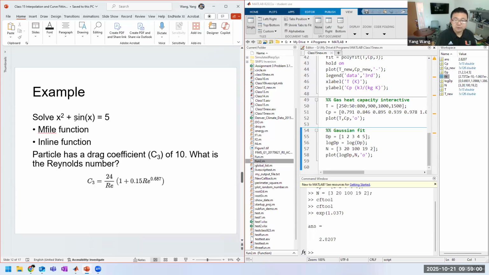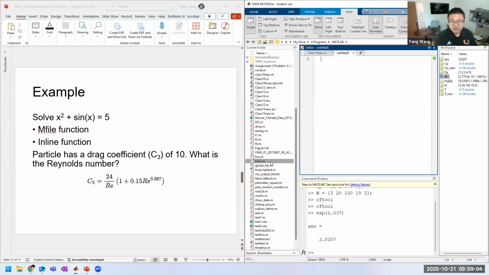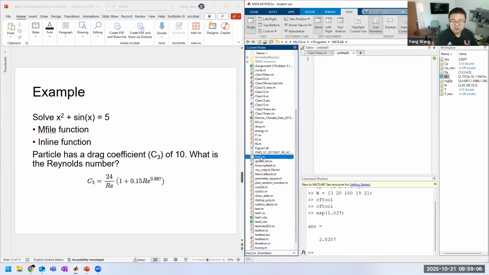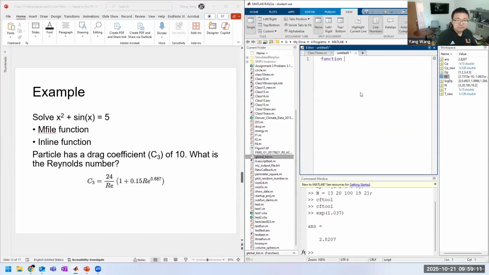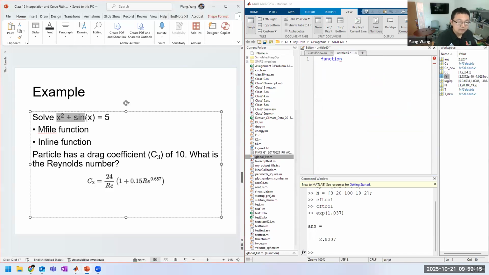So first, f0. Okay, so if we want to do it in f0, we said that we could define a function. Just delete these pre-existing functions. You could define a function that basically has a form of x squared plus sine x minus 5.